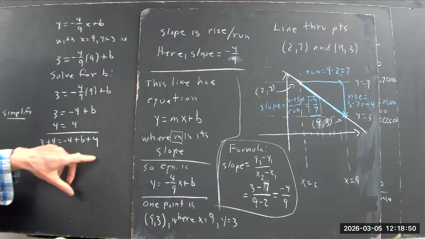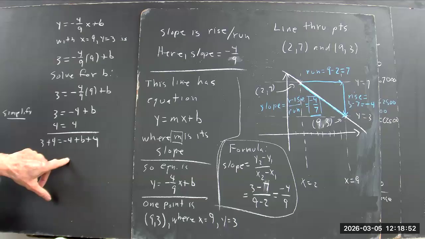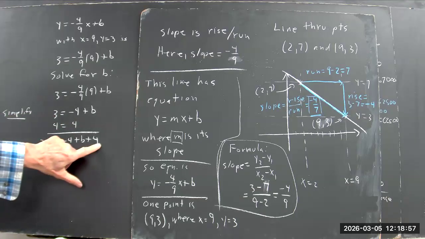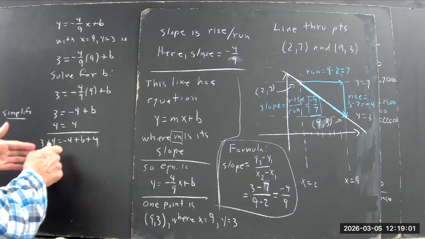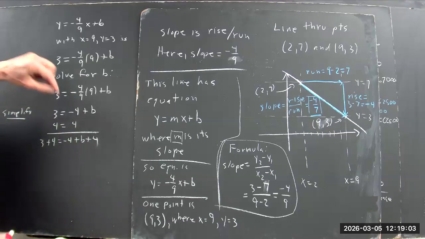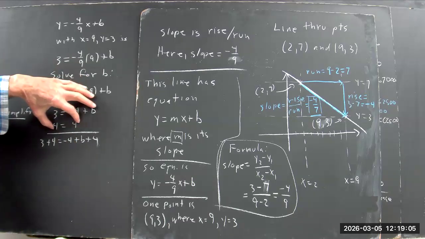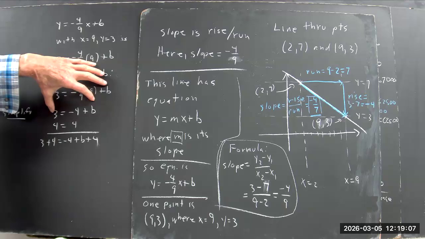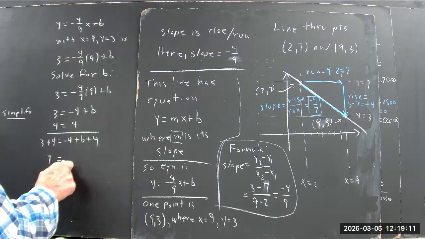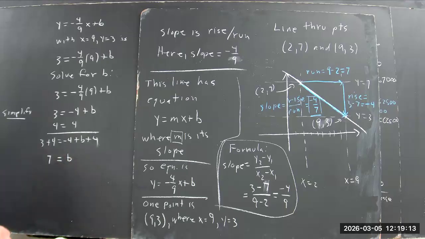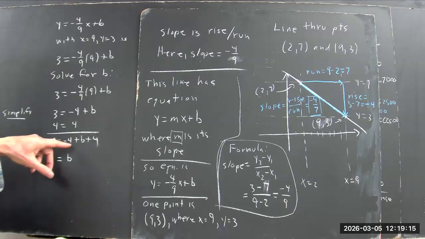Don't skip this step, because I'm seeing mistakes in this step from some people in the class, okay? So adding 4 to both sides, we add the equation 4 equals 4 to the equation 3 equals negative 4 plus b, and we get 7 equals b. 3 plus 4 is 7.